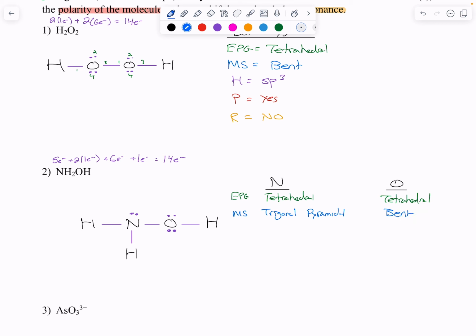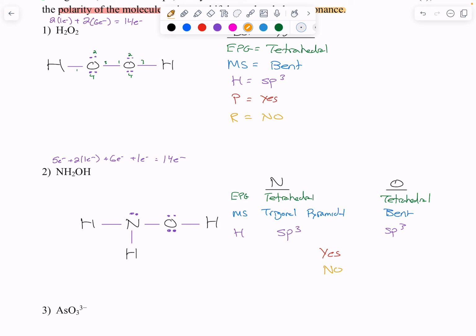Then we have hybridization, sp3 for both. Polarity is yes for the molecule, and resonance is no for the molecule. Resonance and polarity are for the whole molecule, not necessarily for a central atom.